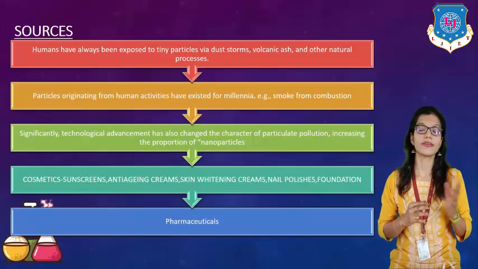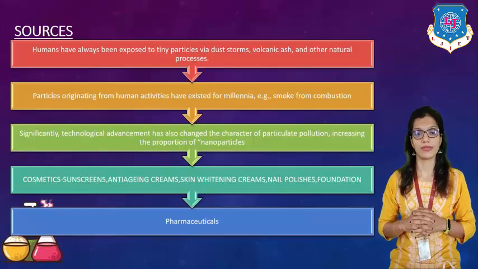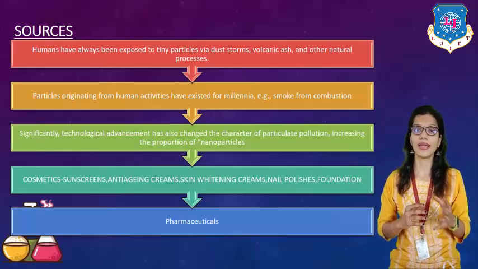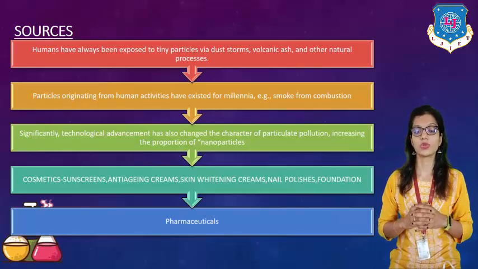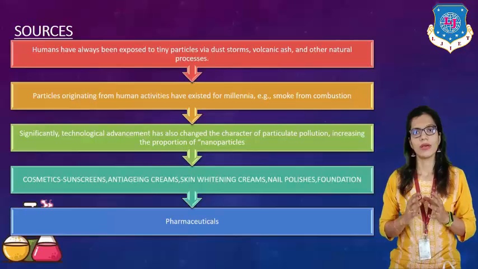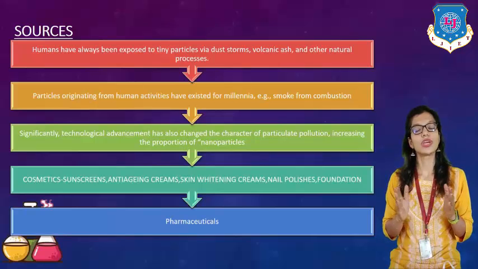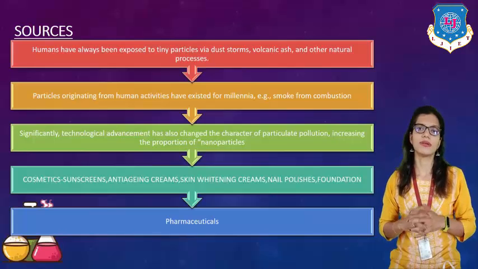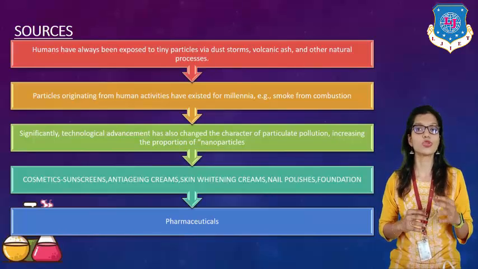For example, in earlier times, we didn't use cosmetics. Right now we use cosmetics, sunscreens, anti-aging creams, skin whitening creams, nail polishes, foundations, etc. These are all our day-to-day routine cosmetics. Similarly, in earlier times, we didn't use pharmaceuticals or drugs in such a manner.